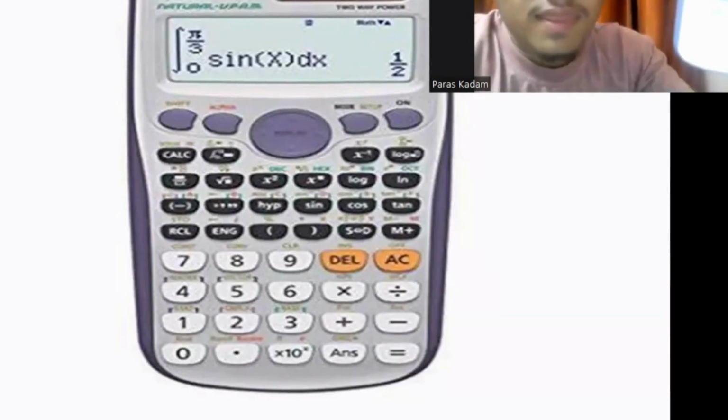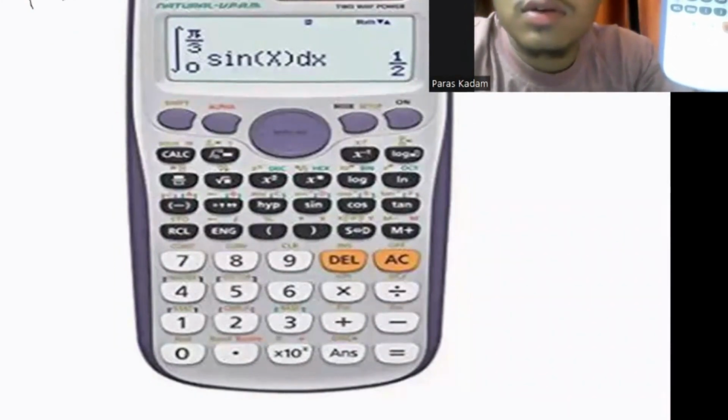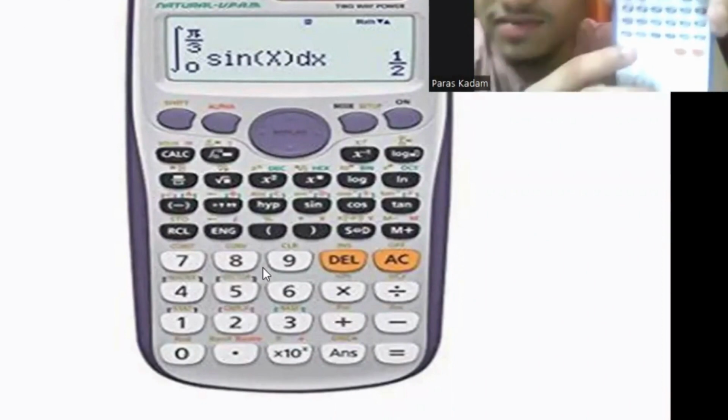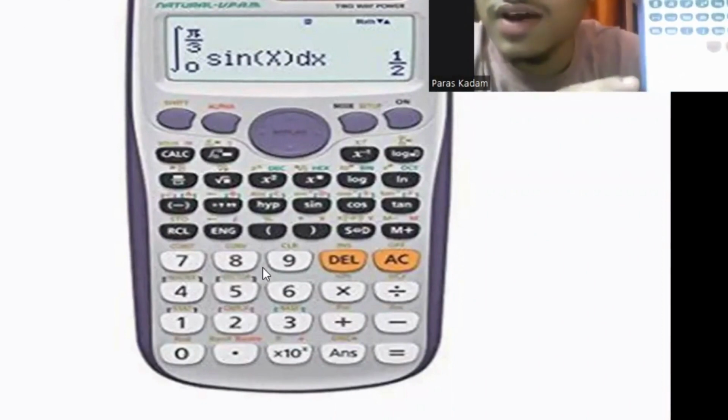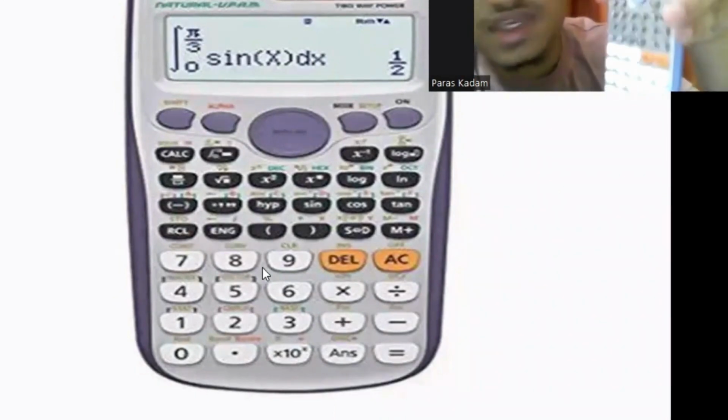For example, if your linear equation is something like 3x plus 5y, you have to enter the coefficients. First I will enter 3, then I will press equal.